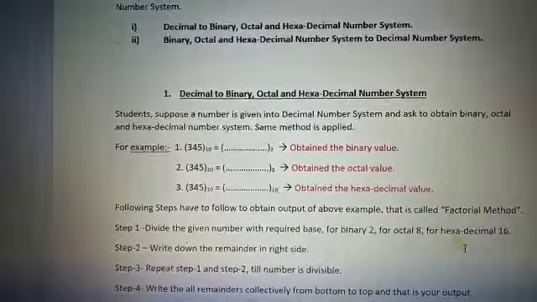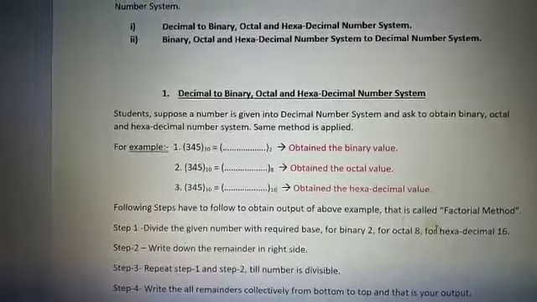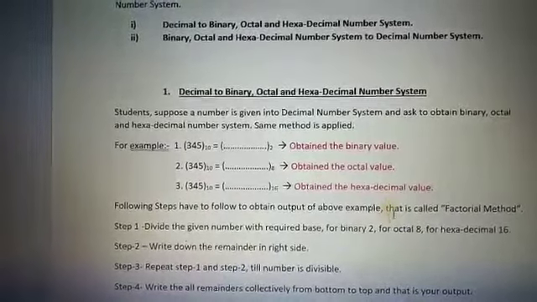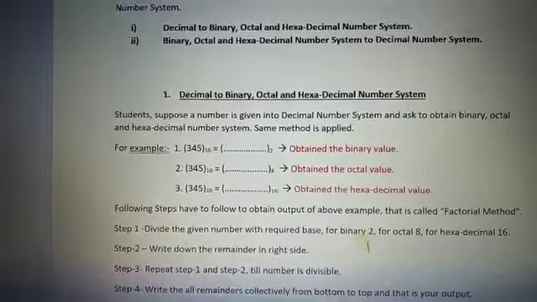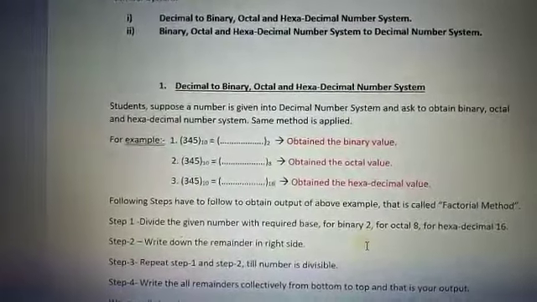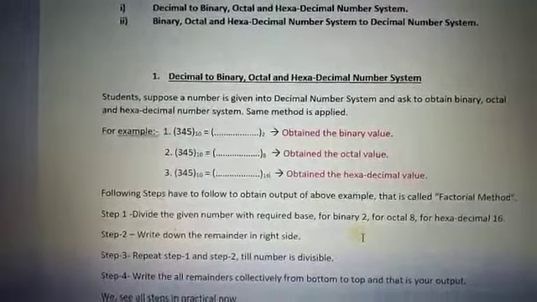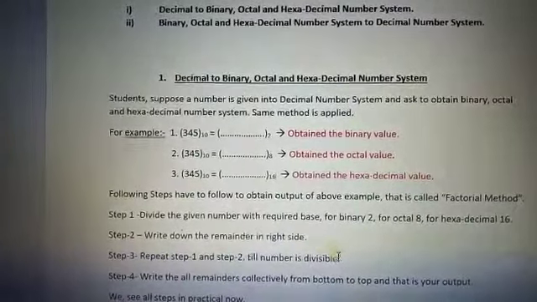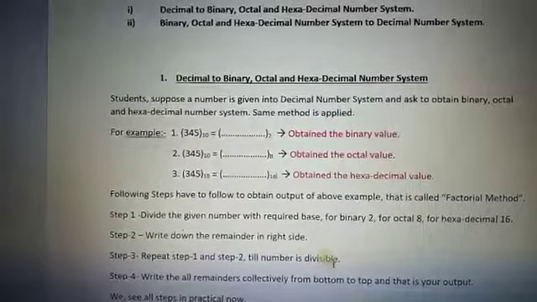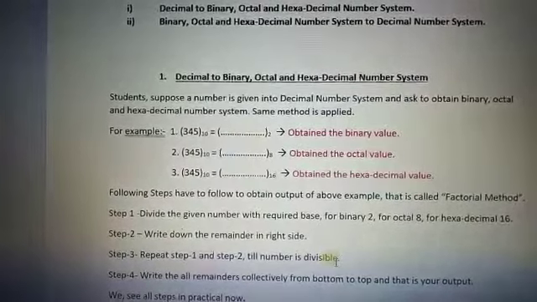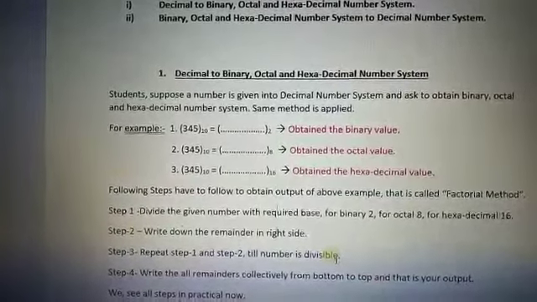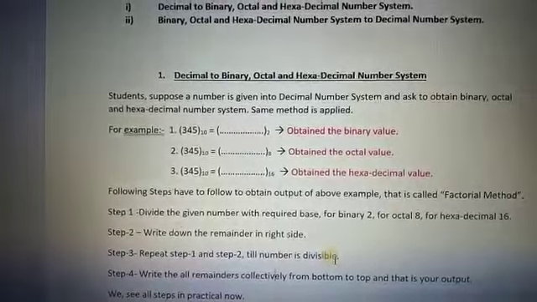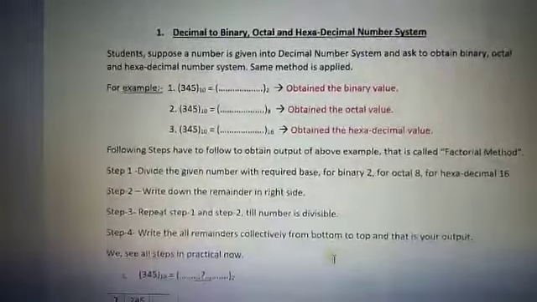Next time it will be divided by 16, and that is how we obtain the hexadecimal value of the decimal number. This division process continues till the number can no longer be divided, and we write the remainder on the right side. We first write the quotient and then the remainder, and finally we get the output in bottom to top manner.